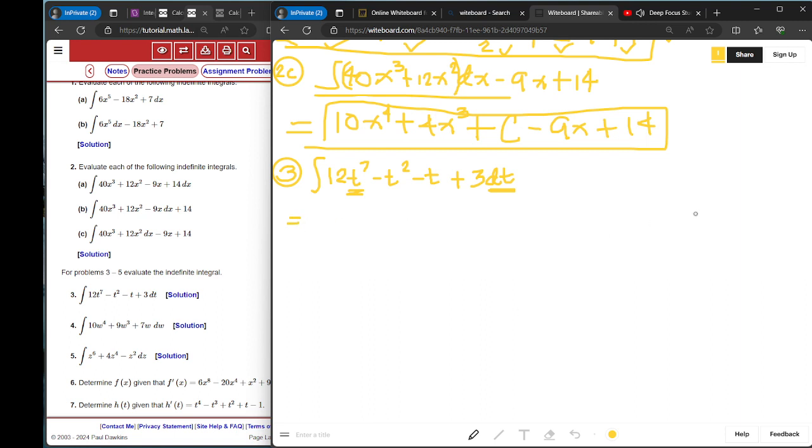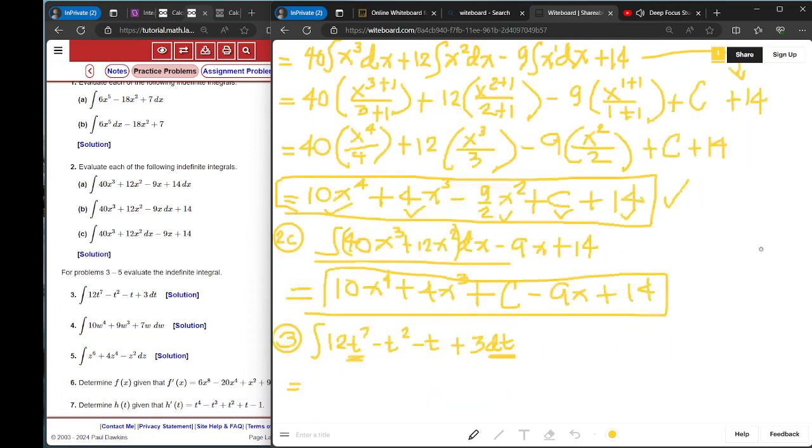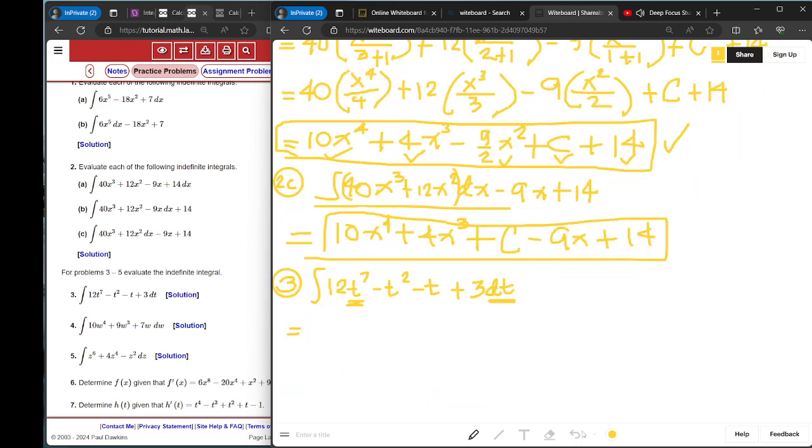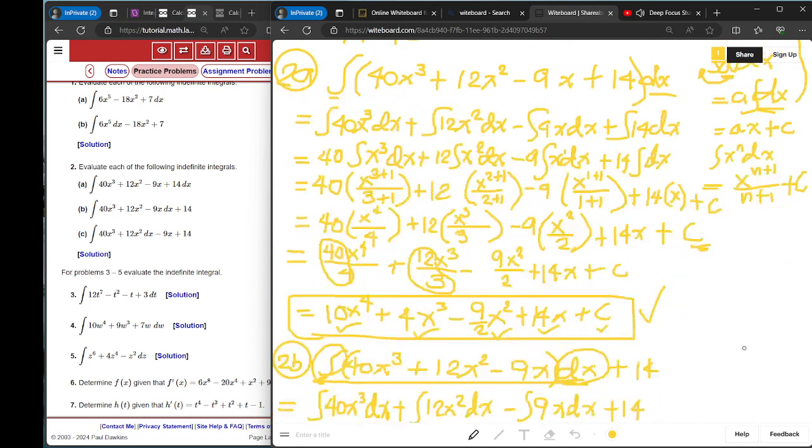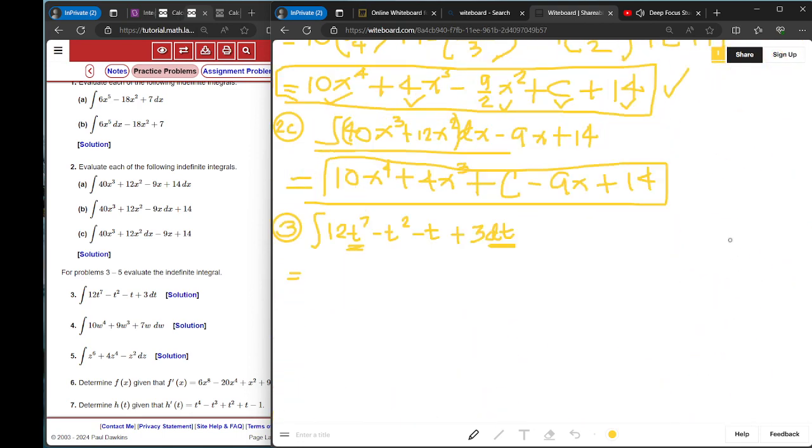Then let's solve. So that would mean the properties given previously. In the previous slides, we have dx. So instead of dx, we will use dt. So the integral of 1 dt is just equal to t plus c.